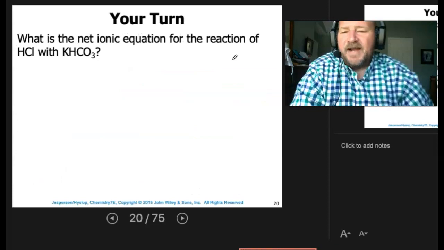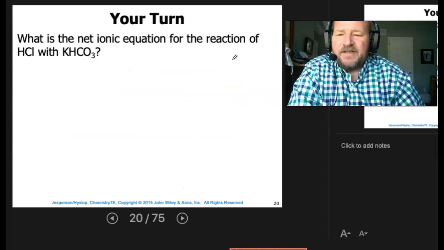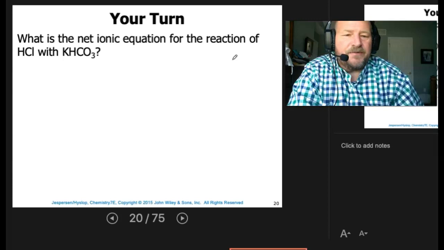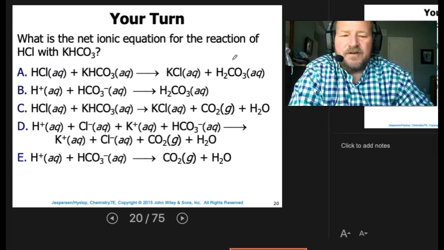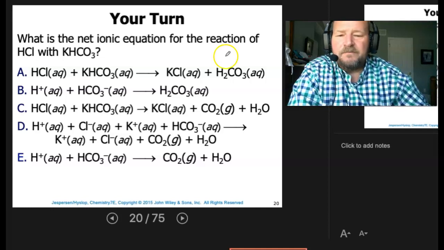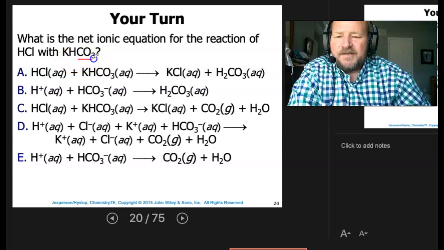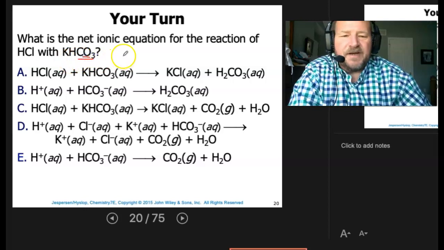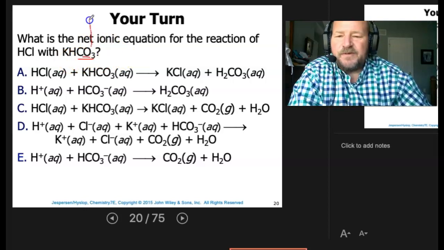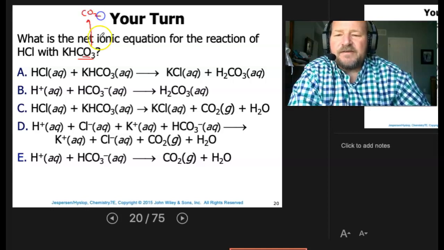All right, what is the net ionic equation then for the reaction of HCl with KHCO3? So here are your options. Now if I were working this problem, I see that CO3, what should I expect for a gas evolution at this point? So I would be looking for CO2 gas.